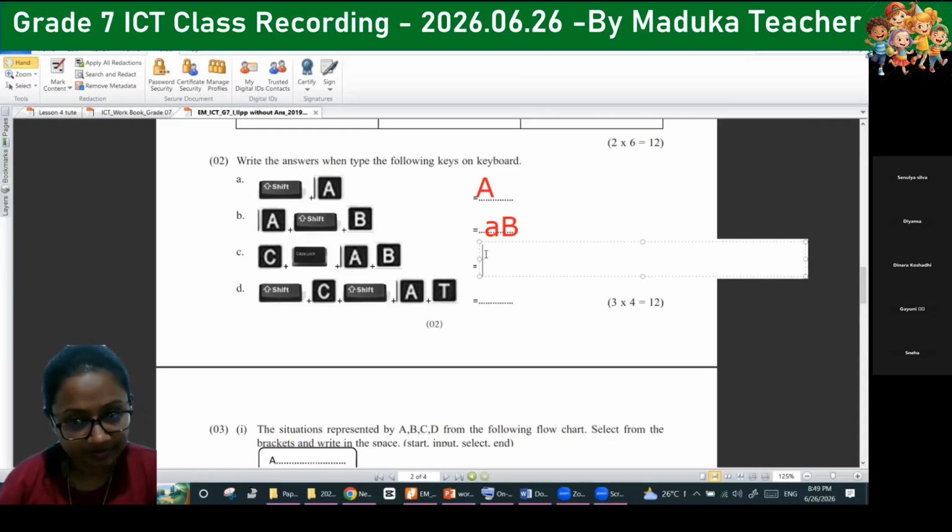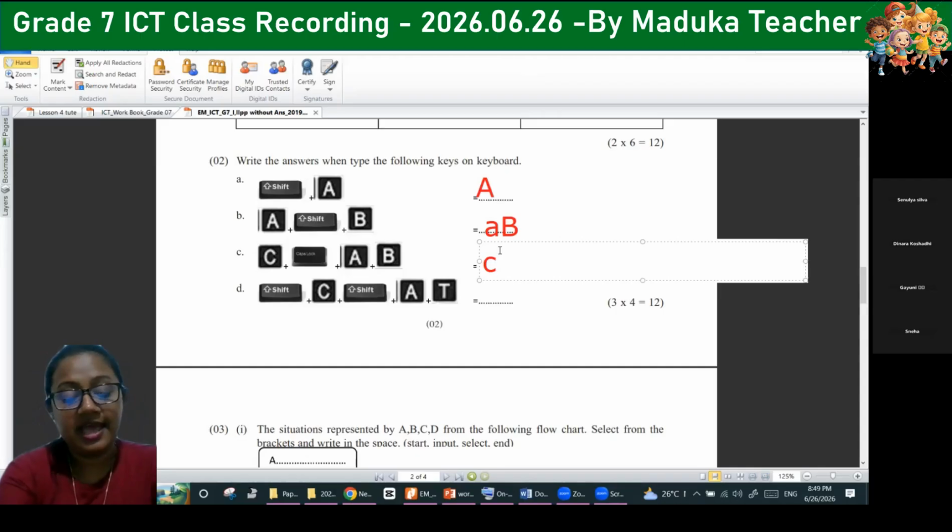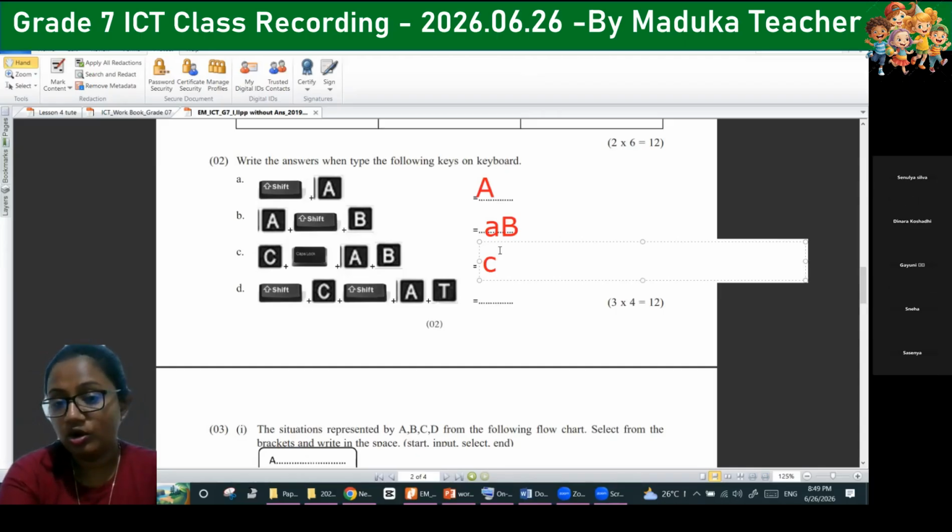Simple C, capital A, capital B. Very good. Is it correct? Yes, teacher. Simple C, and when you press Caps Lock, after that all the keys are typed in capital letters. A, B. Right. Next one.